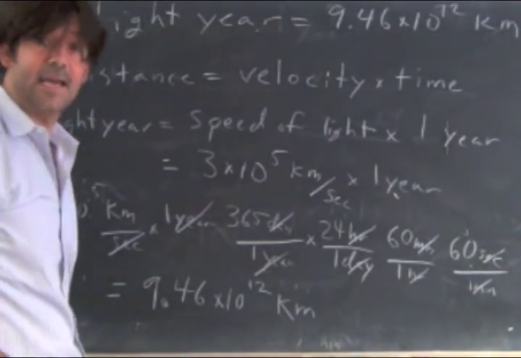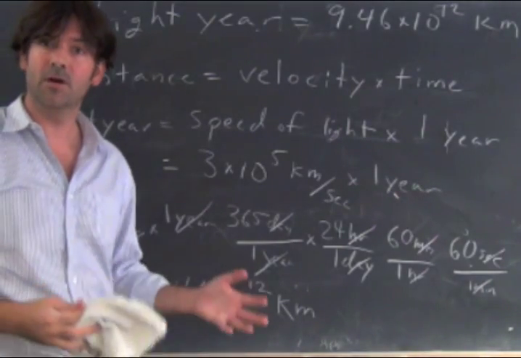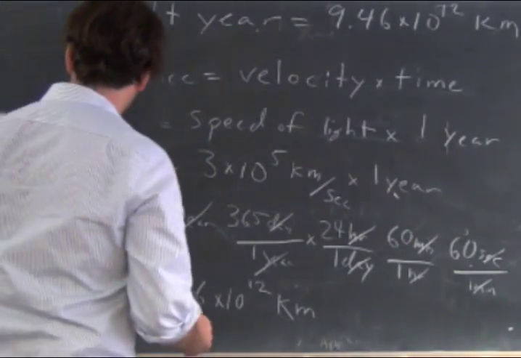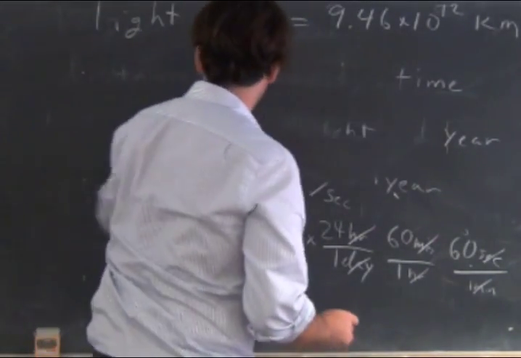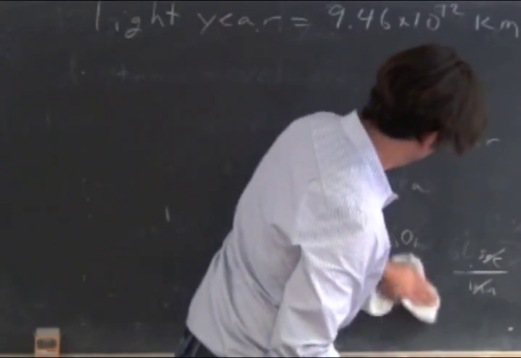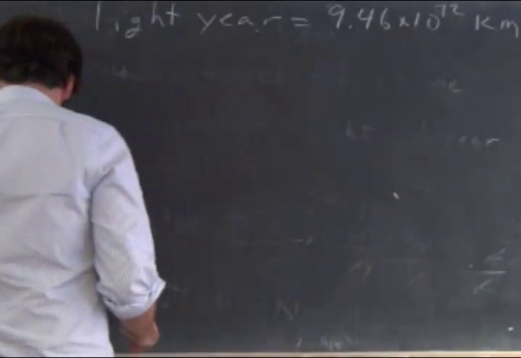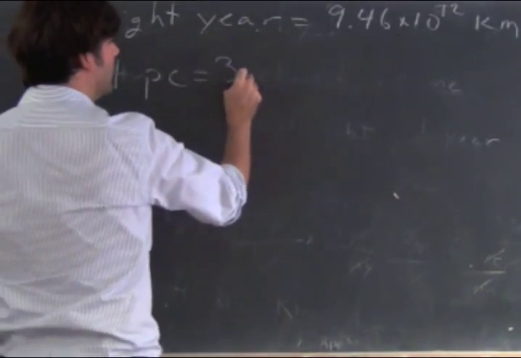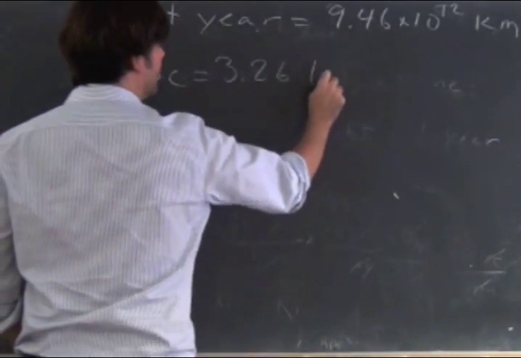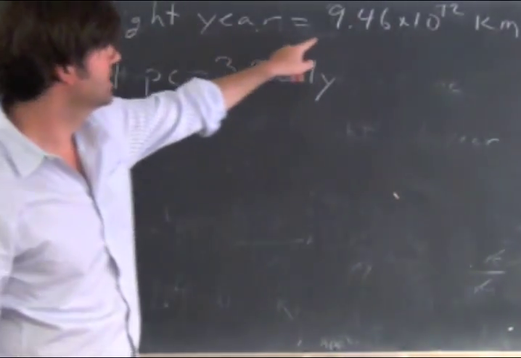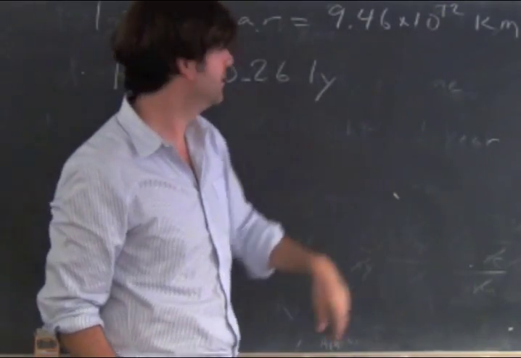So now, let's ask, how far is 1 parsec in kilometers? So 1 parsec is 3.26 light years.